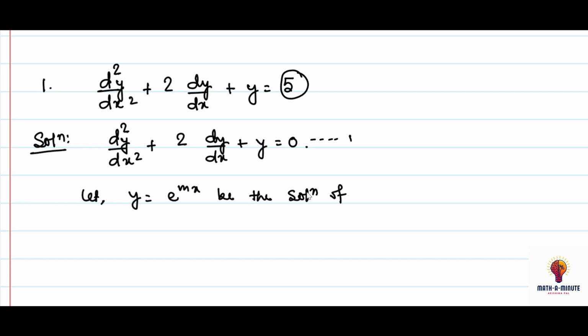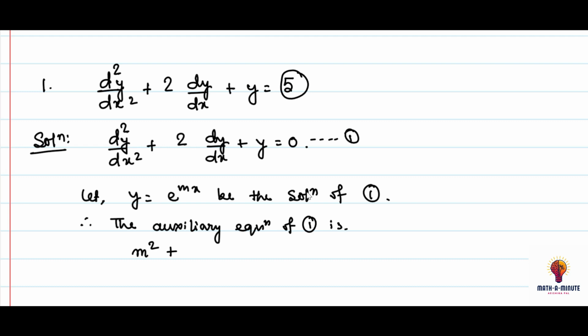as the trial solution of equation 1, then the auxiliary equation of 1 will be m square plus 2m plus 1 equals 0. So from this equation, we have to calculate the roots. The roots of this equation will be m equals minus 1, minus 1.